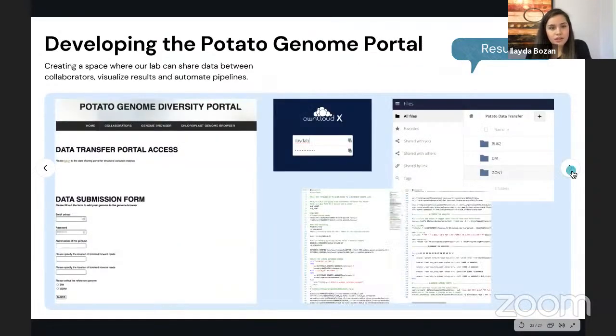And in this, we wanted to automate and be able to help our collaborators work on the projects with us as well. So we created a data sharing platform between us so they can upload their data and we can automate this project that we are going to do in the future.